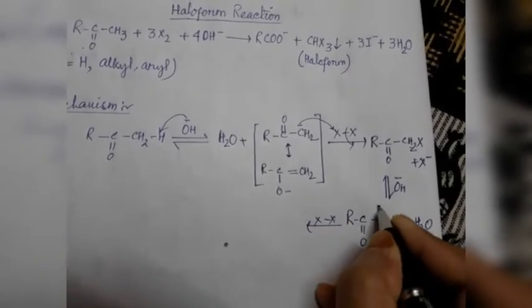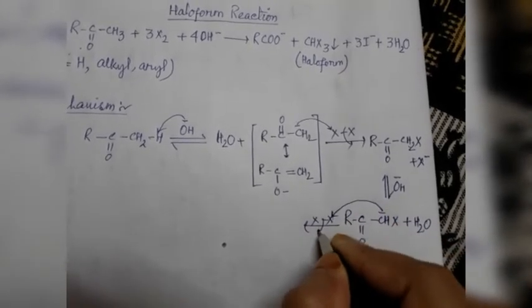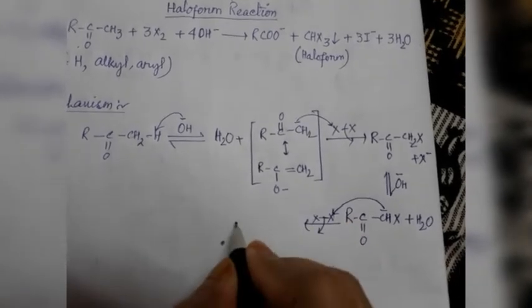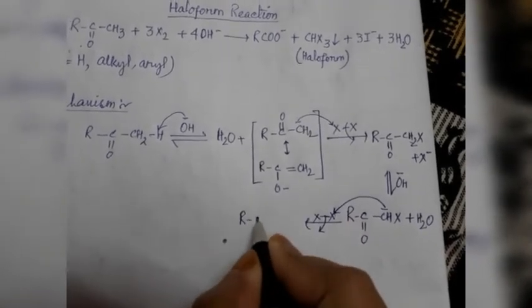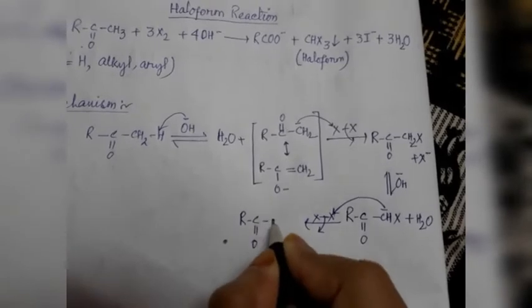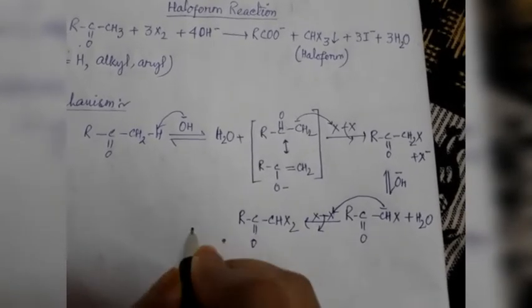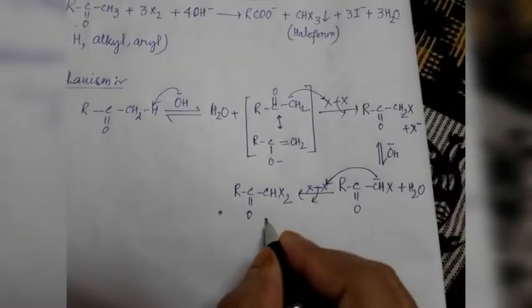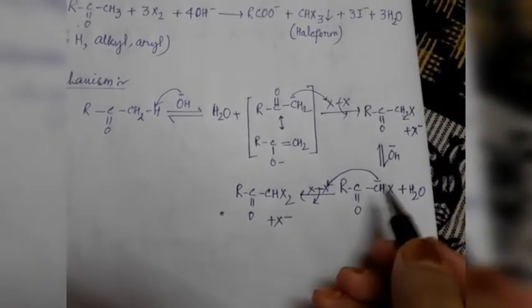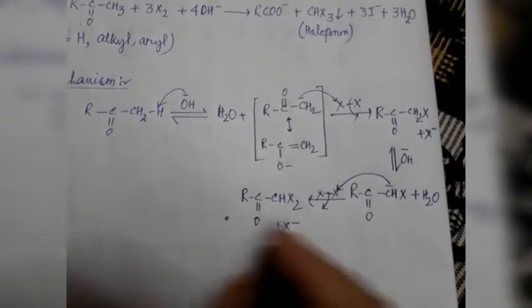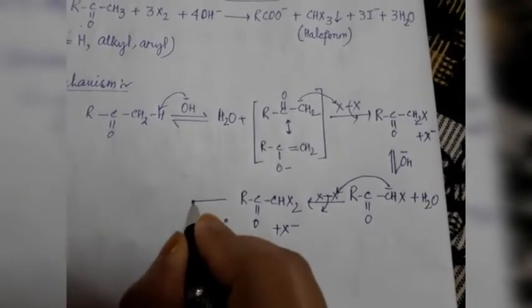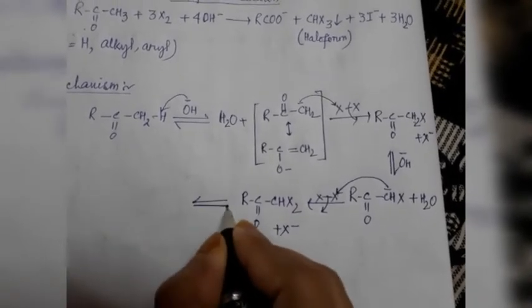Again it will react with X2 or halogen, and we will have RCOCHX2, and this process will be repeated until we have no acidic proton attached to this carbon atom adjacent to the carbonyl group.